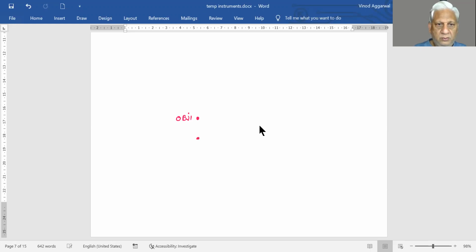This is our object 2. And this is the distance between them. If the distance is sufficient, we may be able to clearly distinguish object 1 from object 2.